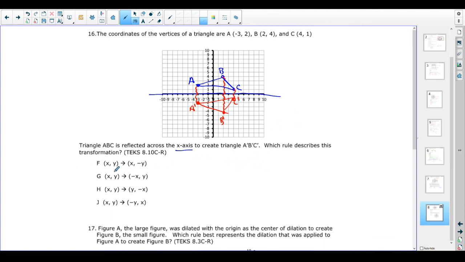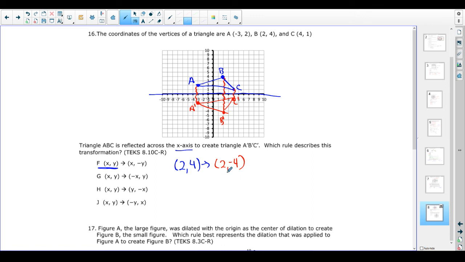And so I didn't even need any of these points. I just needed some point xy. Everything's positive when we say xy. So to keep this simple, let's say point B. Point B was at 2, 4. And that went to B prime, which is at 2, -4. So what changed?